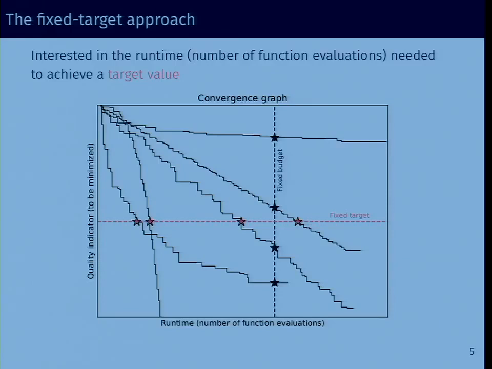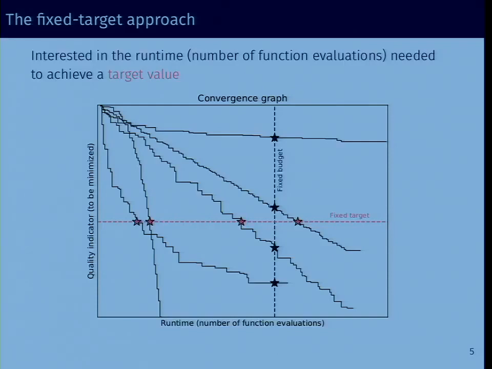And the question is, how do you measure how good an algorithm is? There are 2 main approaches, which is like this fixed budget, and then you figure out what function value you reached. That's not actually the approach they take. They use a target-based approach. So you can specify, oh, this is the next milestone.